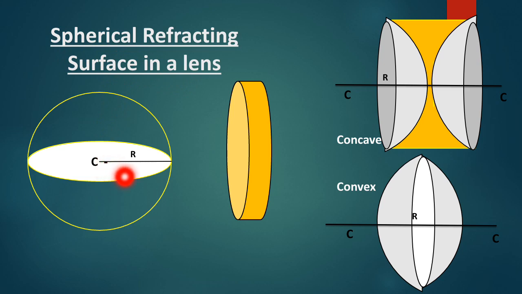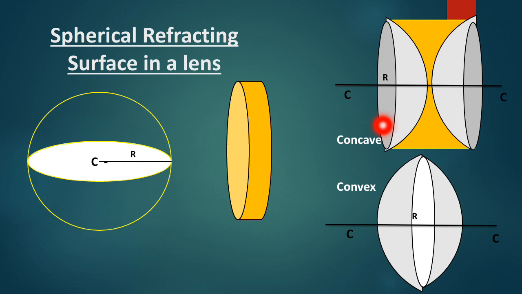And if this is a sphere, it has a center and it has a radius of curvature. We are just cutting a section of the sphere, and that section is taken as the spherical refracting surface, either from this side or from this side. Now see this shape. Here this plane surface is assumed as this curved surface, correct?